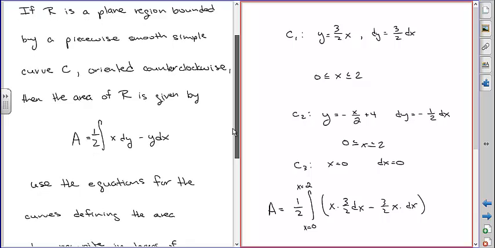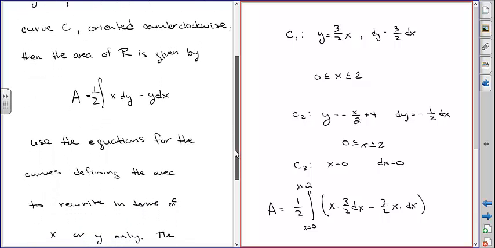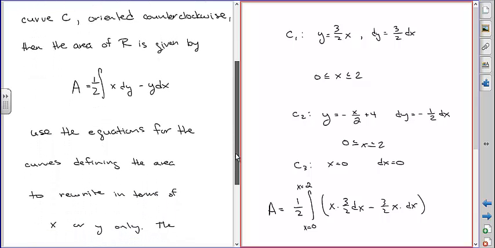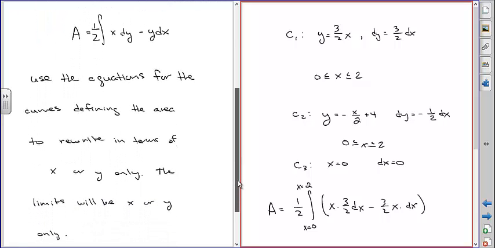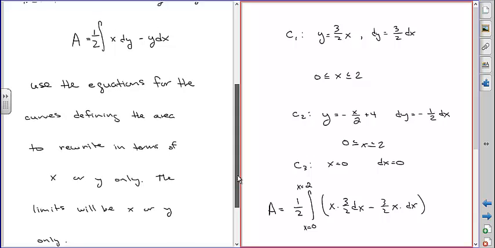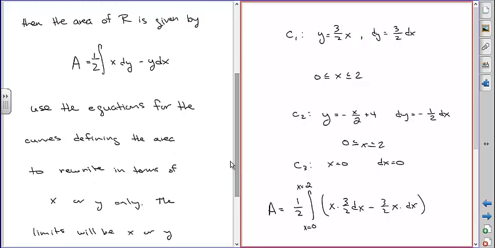Use the equations for curves defining the area to rewrite the terms of x and y only. The limits will be x or y only. Yeah, because it's just a single integral. So you got this integral, which is a line integral.